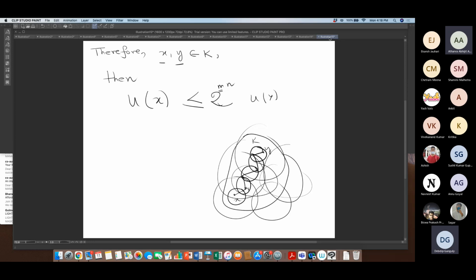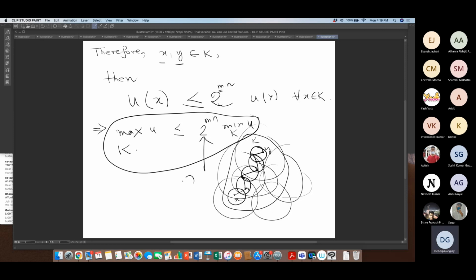Yes. So 2 to the power mn times u(y). These imply, for all x in a compact set, that the maximum of u over the compact set is less than 2 to the power mn times the minimum over K of u.